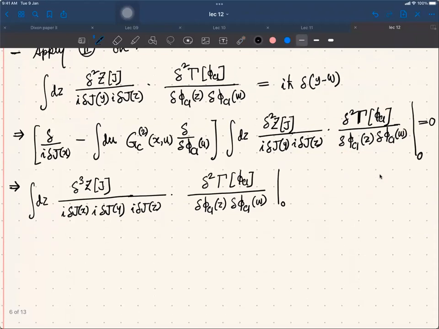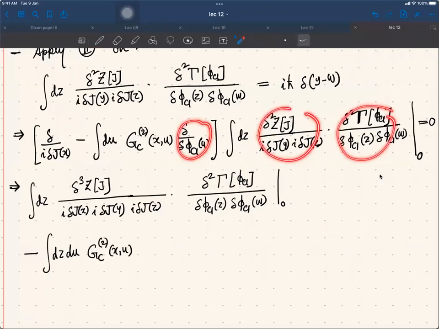After doing the calculation, you set j equal to 0 and phi cl equal to 0, minus integral dz du x comma u, then this phi, so then this will act on that.